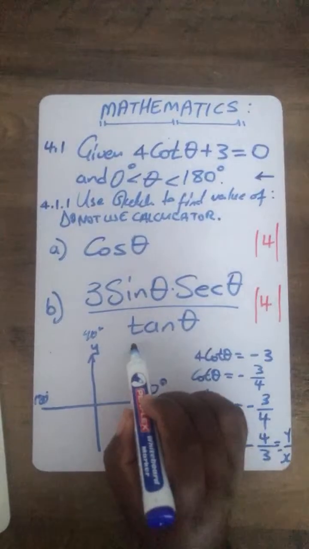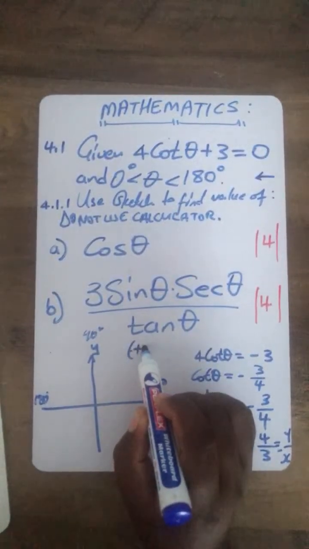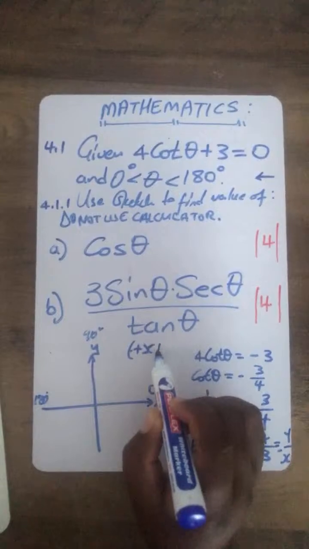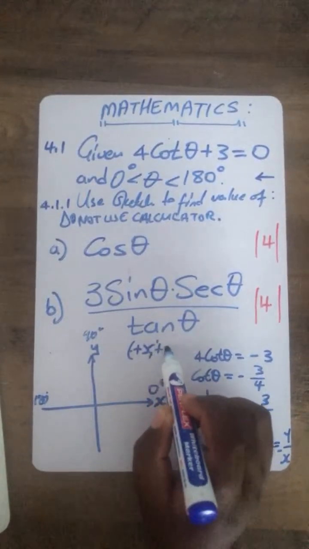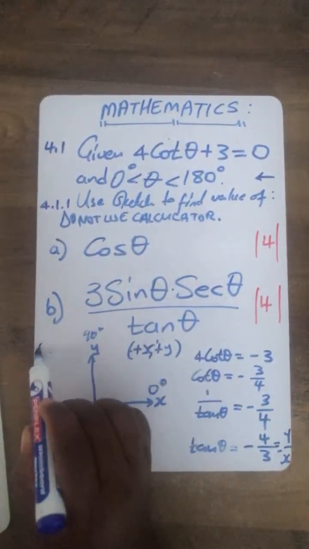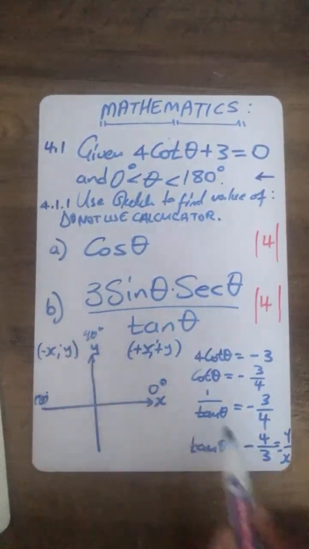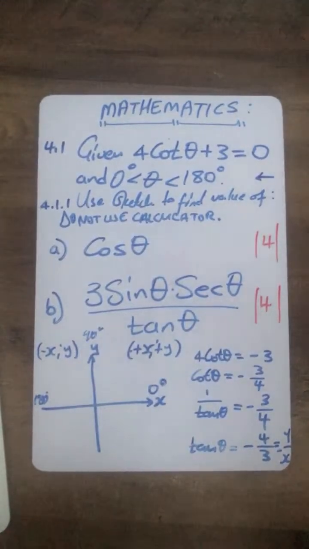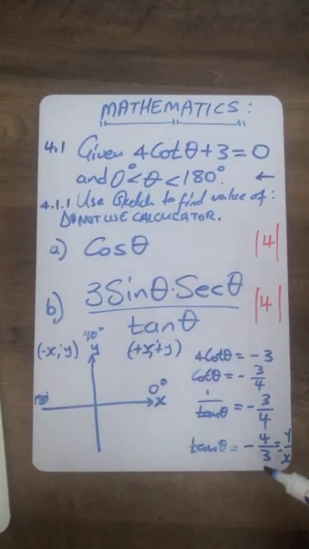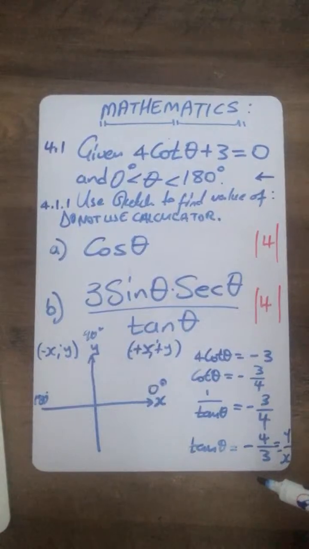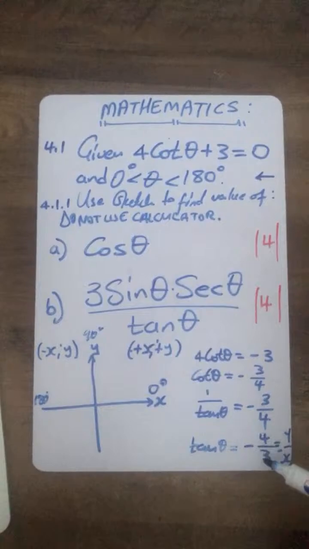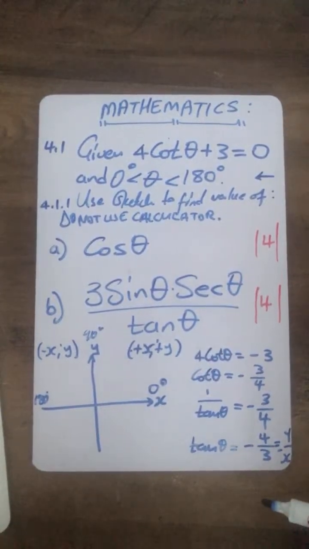But we do know very well that here, that's where we have x as positive, and then again y as positive in that quadrant. But in this quadrant, this is where x is negative, and then y is positive. So that means you will need to choose on this negative whether it is for 4 or it is for 3.